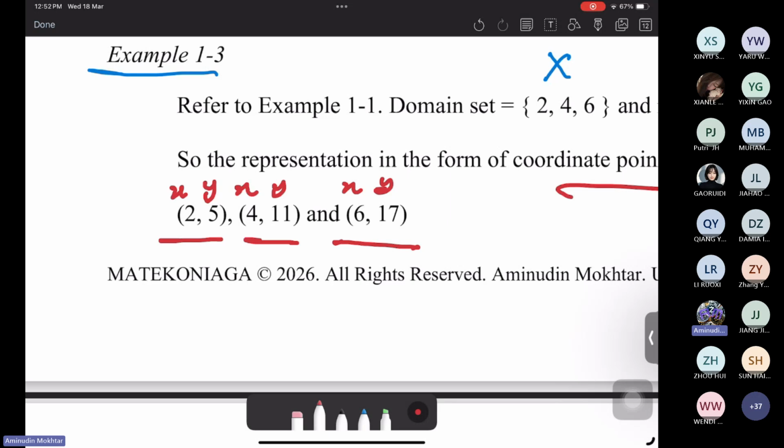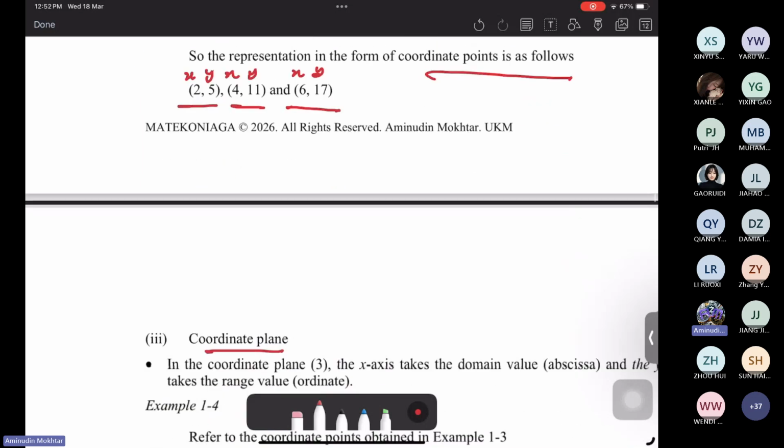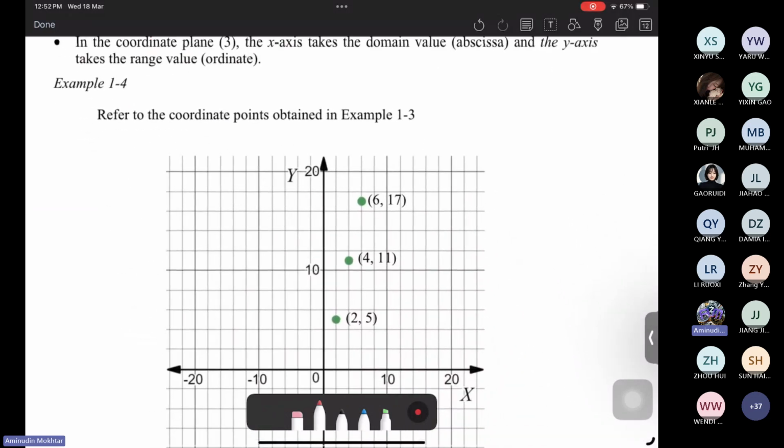The first method is to draw a graph. The second method is to represent the data in terms of coordinate points. We can plot these coordinate points.